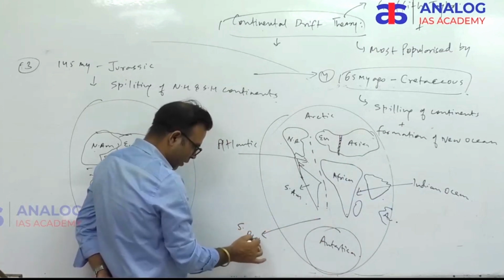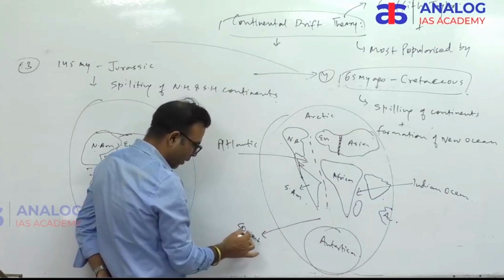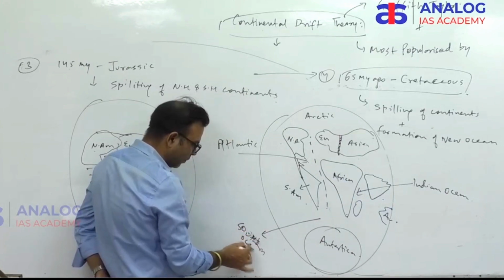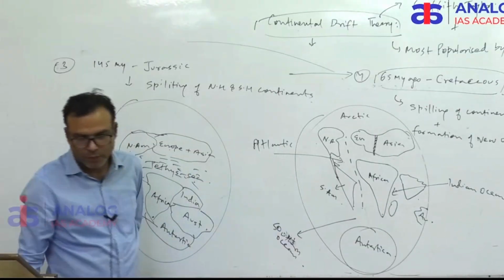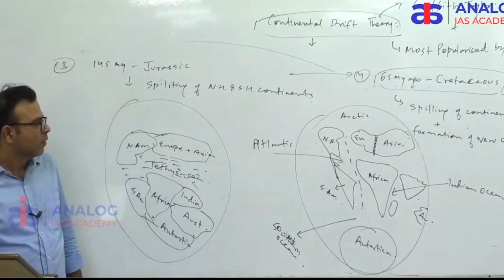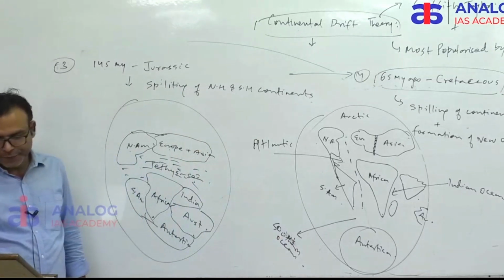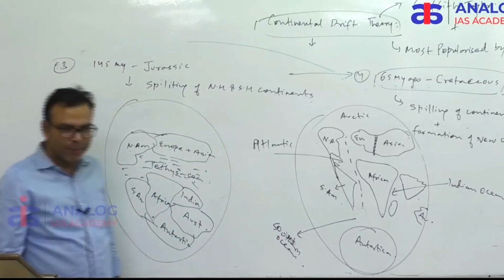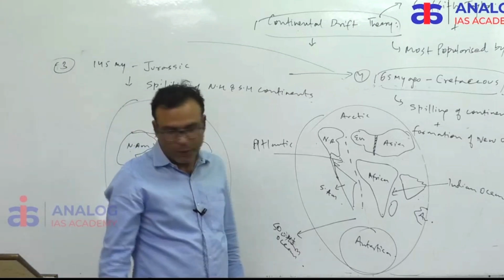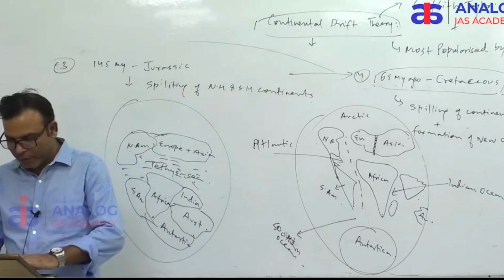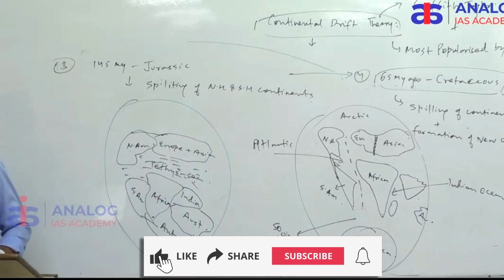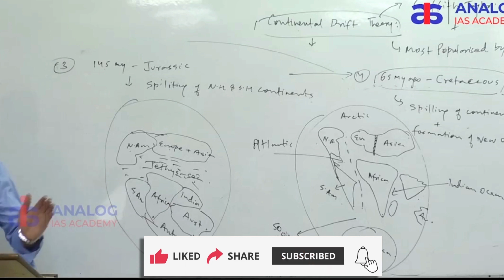So these are the new oceans. So the new map: the present map is a byproduct of the later movement from 65 million years ago till today.